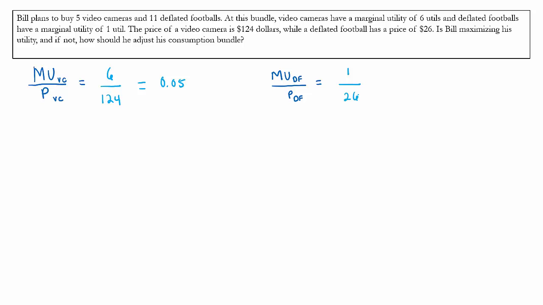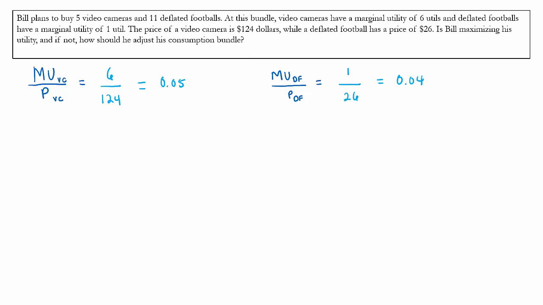So if he puts $26 towards a deflated football, what he gets is 1 additional util of happiness. Again, let's make this a decimal, so that would be 0.04. For every $1, for every buck that he puts towards a deflated football, the bang, the reward, is 0.04 additional utils.